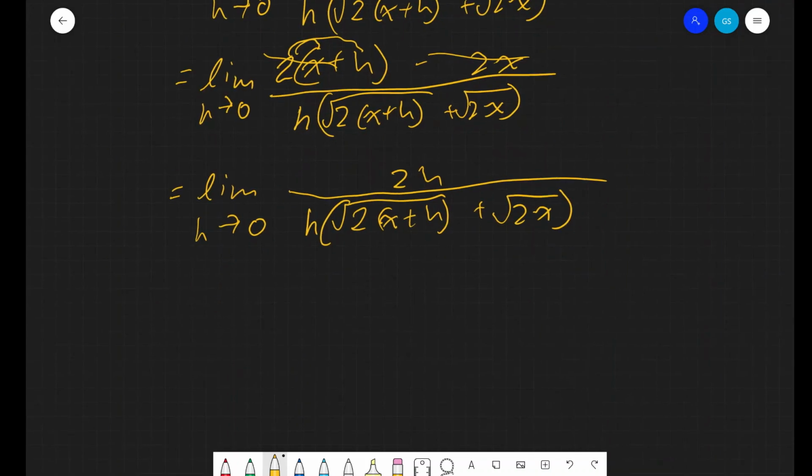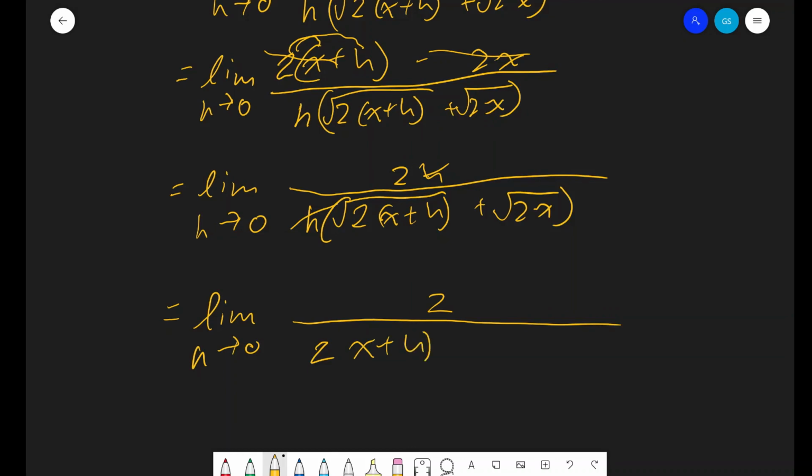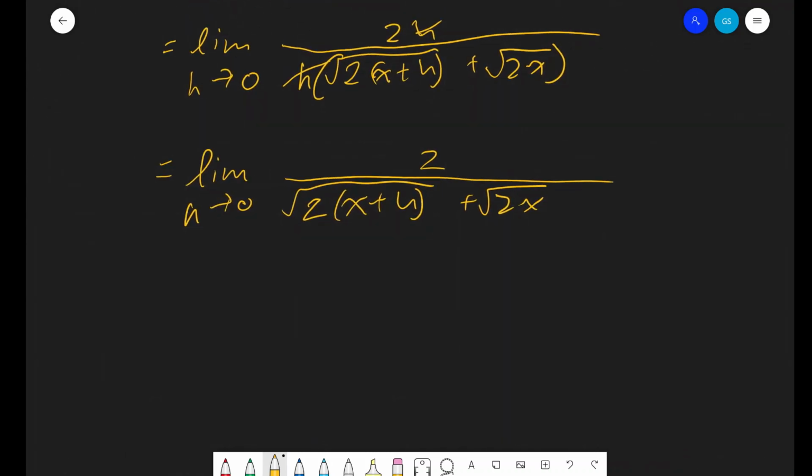Once again, our h can cancel out both on the top and the bottom. So we get the limit of h approaching 0, 2 over root 2x plus h plus root 2x. And now we can just plug in 0 as if it equaled that.